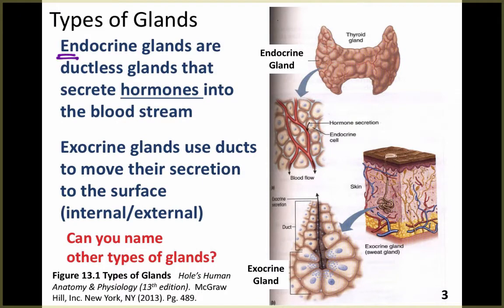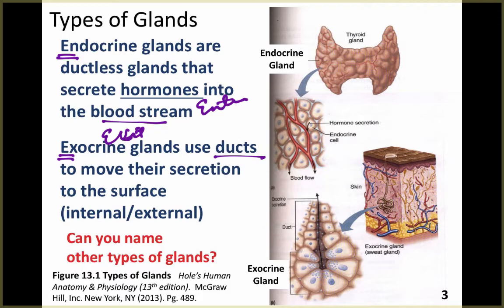So think N for inside, or Endo, or X for kind of exit, right? And so endo enters the bloodstream, right? And exo exits through ducts is how I remember the two types.